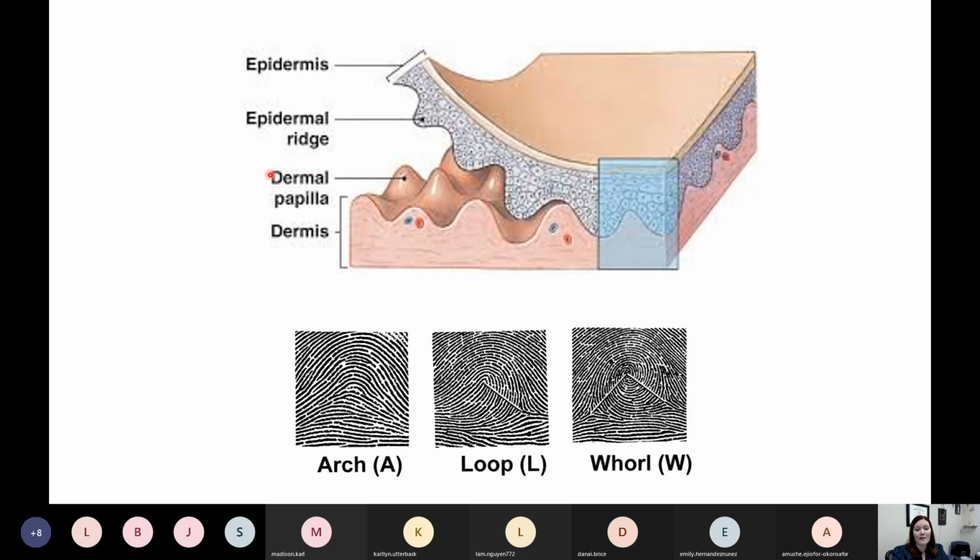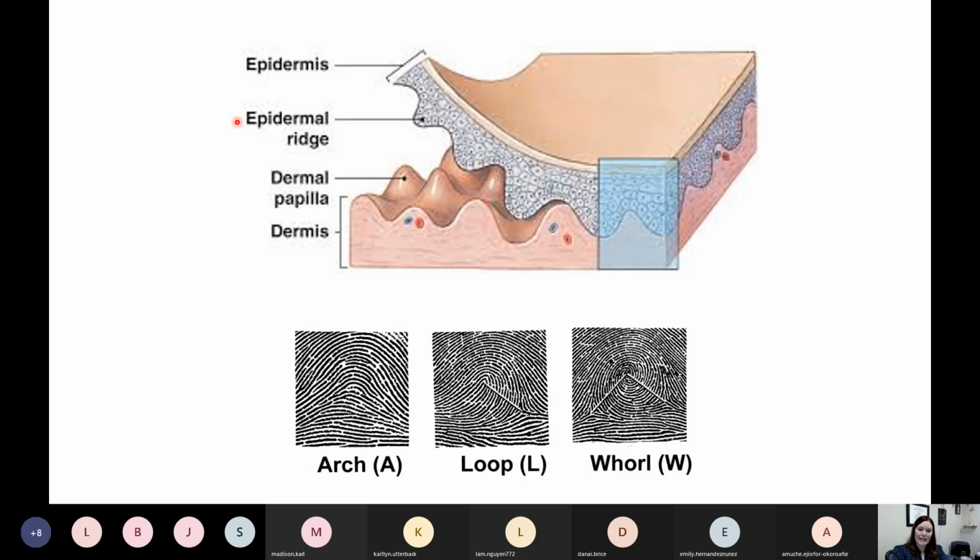Those places where the dermis reaches up are called the dermal papillae. The places where the epidermis reaches down are called the epidermal ridges. So we end up with this wavy pattern up and down that connects the epidermis to the dermis. That's good news for you because that's going to make it harder for the epidermis and the dermis to separate from each other.